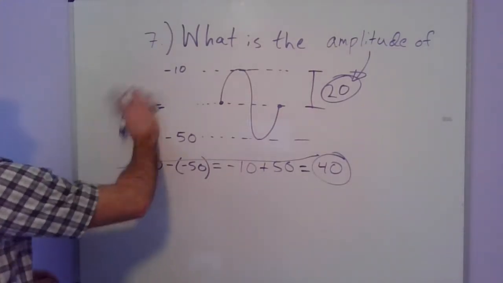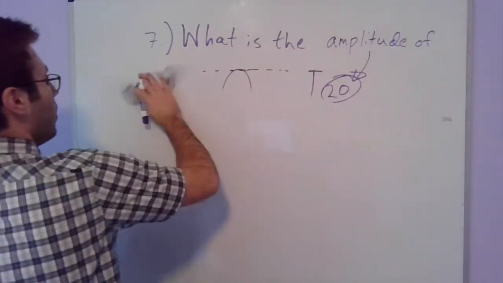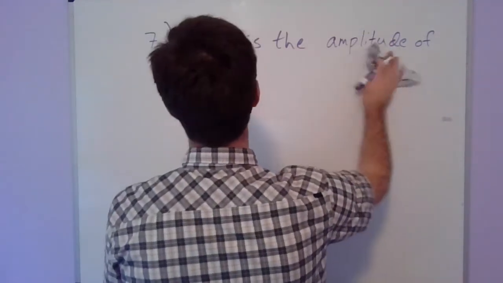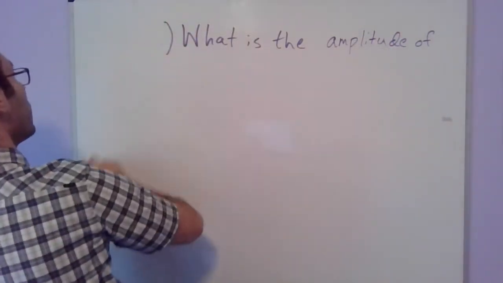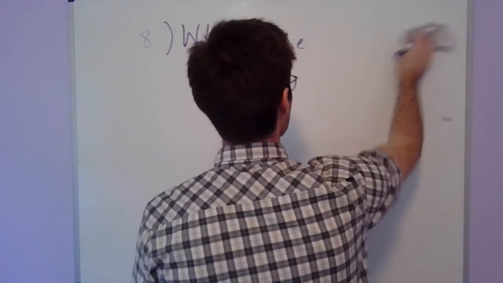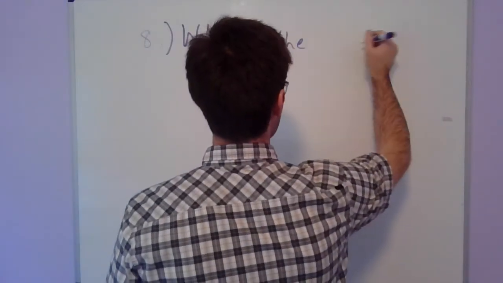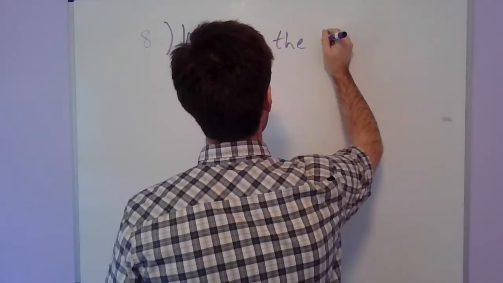So, all right, that's 7. Let's go over 8. We did amplitude. Let's go over what is the wavelength?